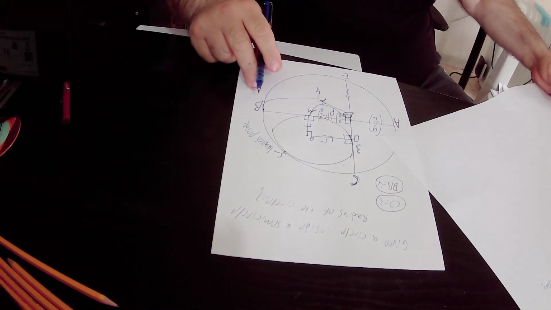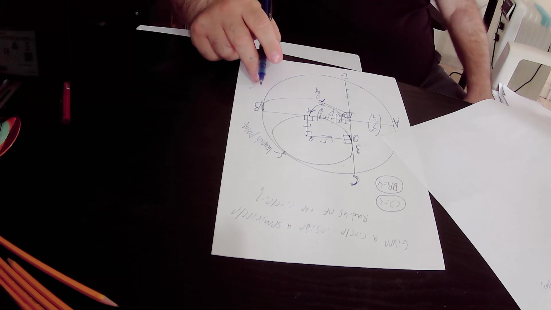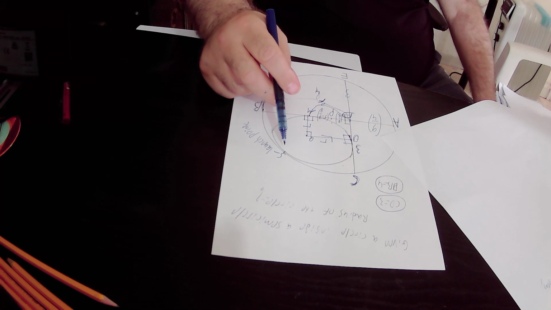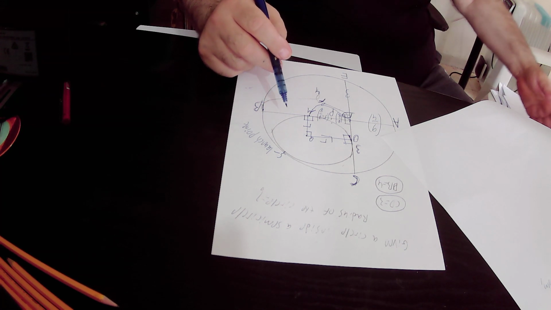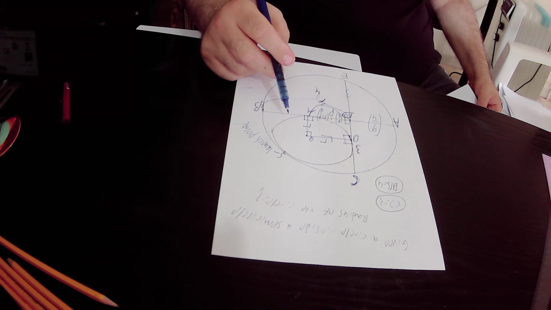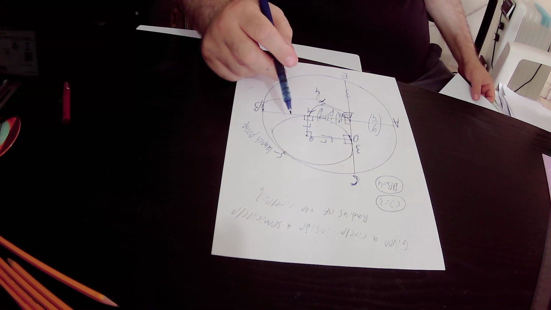I repeat again that in our specific drawing, the internal touching between the big circle and the small circle is at this point, point S. And it is defined as internal touching because the small circle is located inside the big circle.